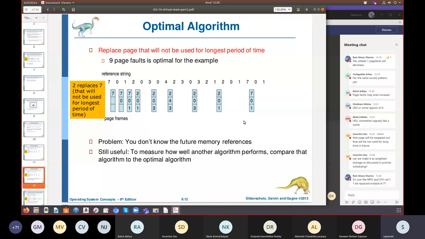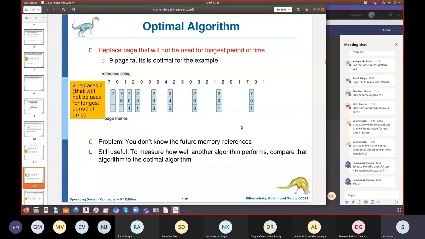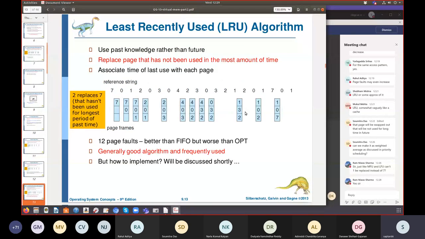Okay. So the optimal algorithm is definitely the best, but it's not practical because the future references are not known. So what can we do? Whenever you have to predict the future, the standard is to use the past, right? Even in machine learning, everywhere. If you have to predict the future, the only thing we can base our decision upon is the past, and we try to learn from the past.